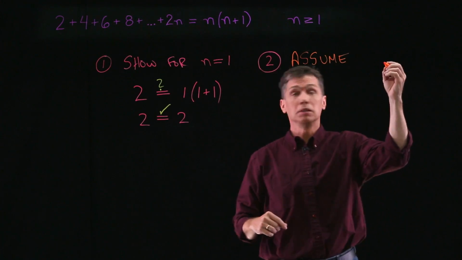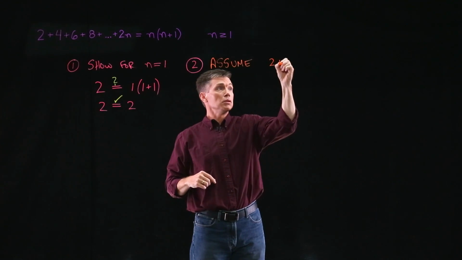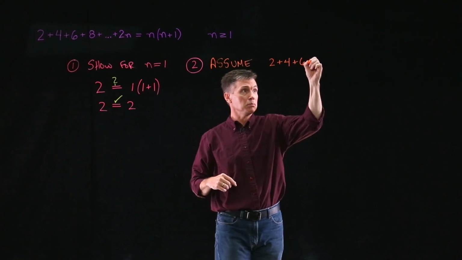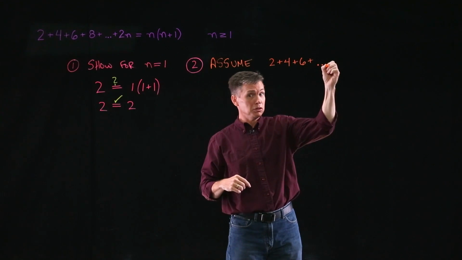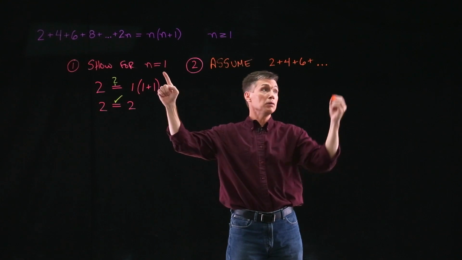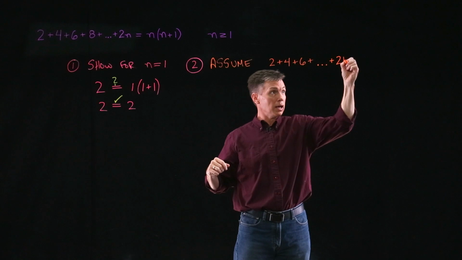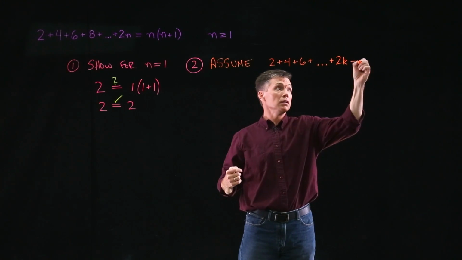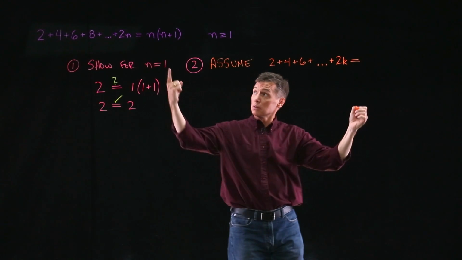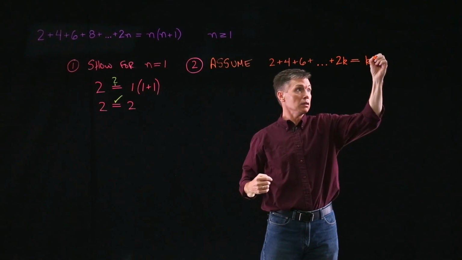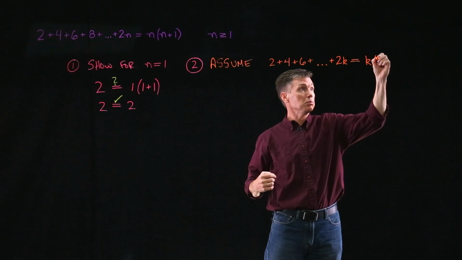Let's see if I have room here. 2 plus 4 plus 6 plus, let's just say dot dot dot. We know the pattern now. It does end at a 2k on the left-hand side, and equals the right-hand side but with a k in place of n. k times k plus 1.